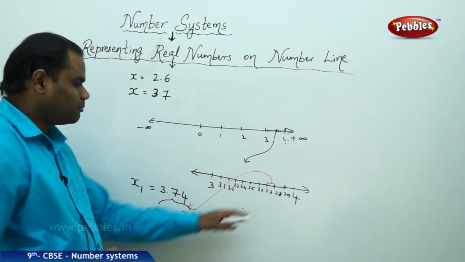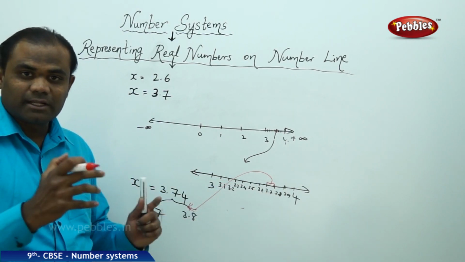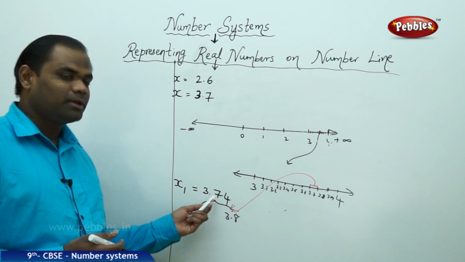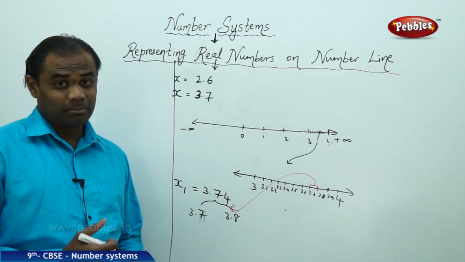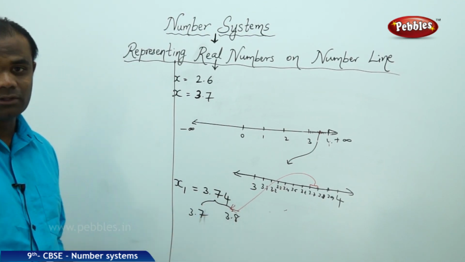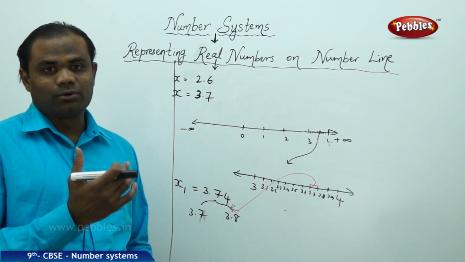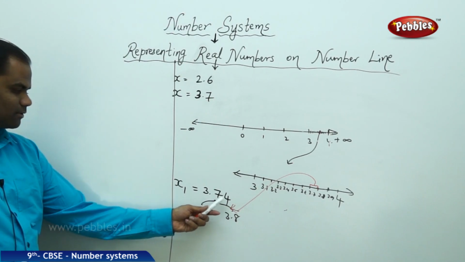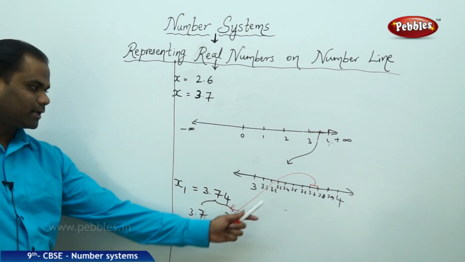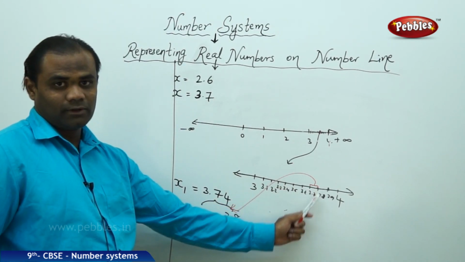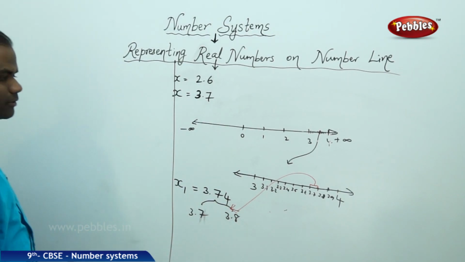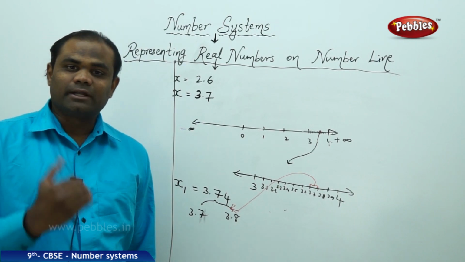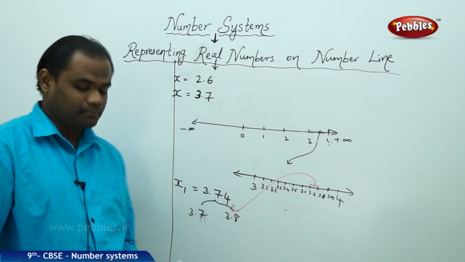Therefore, I try to again break up this interval into 10 subdivided intervals. Now let's see how the number 3.74 up to 2 decimal places can be represented on the number line exactly through its subdivided interval. Now as we know that 3.74 lies between 3.7 and 3.8, we'll try to make a number line between 3.7 and 3.8 subdivided again into 10 different intervals.